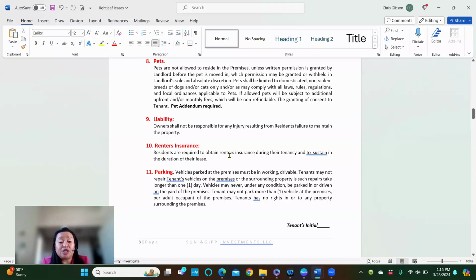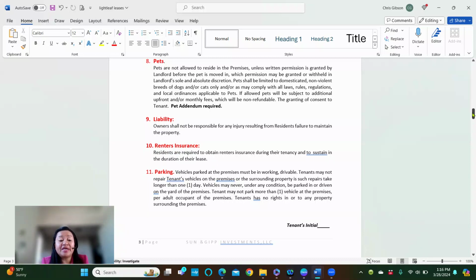As long as you put in your lease agreement that they need to get renter insurance, you are not obliged for anything that happens to the unit, because our insurance only pays for the building. We are not the ones to shoulder the tenants' belongings. So don't forget to put down renter insurance here too.